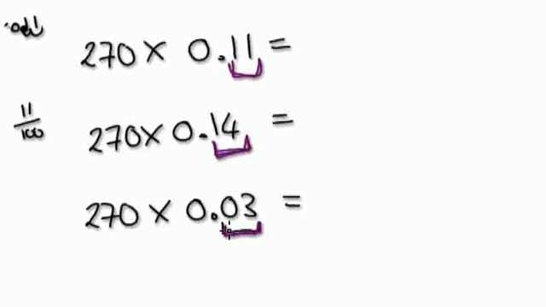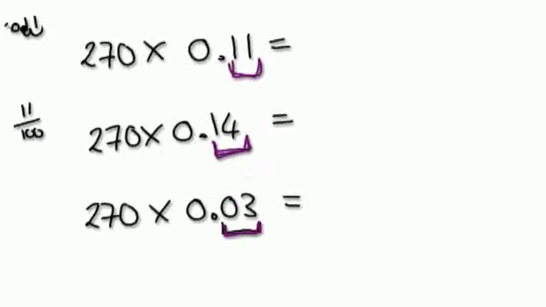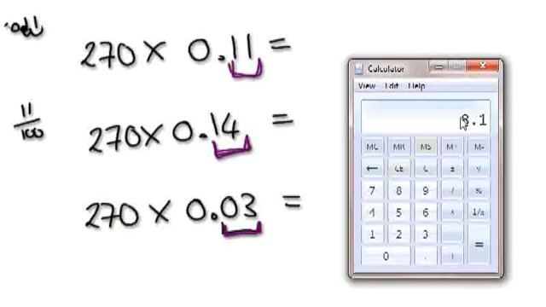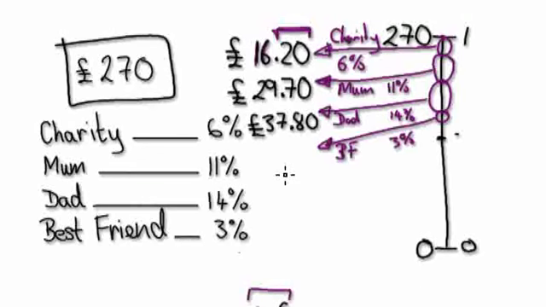This is 3%, isn't it? So 3% of 270 is 8.1, and that 8.1 is the same as 8.10. So best friend will only be getting £8.10.